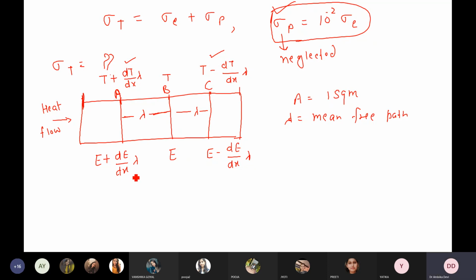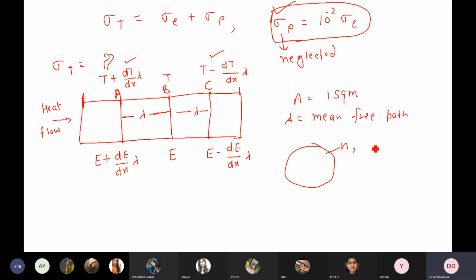Now we know from the kinetic theory of gases the number of electrons flowing in a given direction through unit area in unit time. You have studied the free electron theory, right? Let us say if this is any volume and it encloses n number of total electrons, then how many electrons will be there in one particular direction?